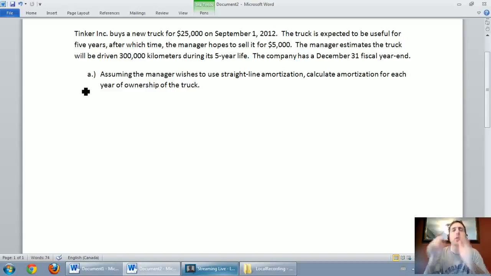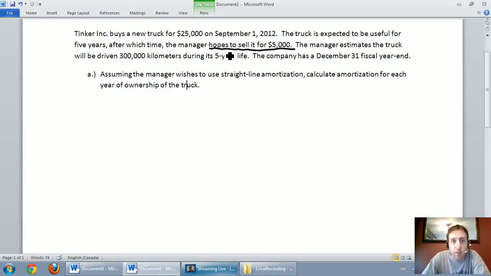So a couple of quick concepts. We buy the truck for $25,000, and I think, okay, well, we're buying it for $25,000, and it's going to be amortized for 5 years, so $25,000 divided by 5. It's not a bad thought, except for this one key part. It says, after the 5 years, the manager thinks he's going to be able to sell the truck for $5,000.